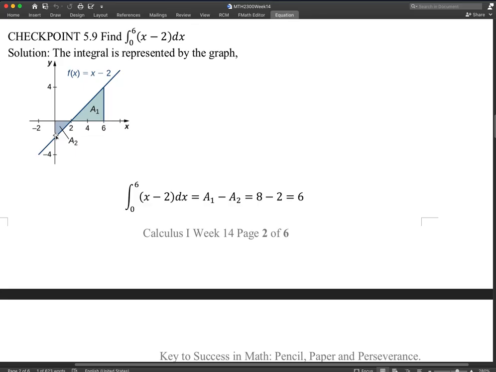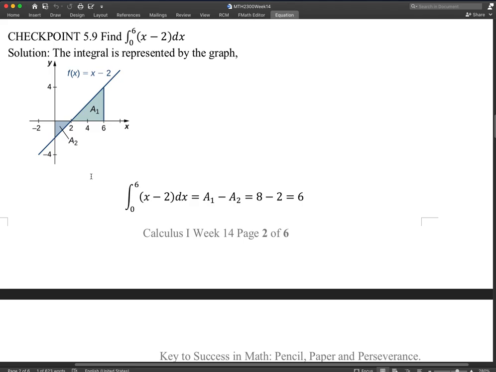And we get the integral as 6. And also, I really want you to know it is possible you may have an integral that turns out to be negative, because you could have the situation where the lower part of the region is bigger than the upper part of the region, and then the integral is negative.